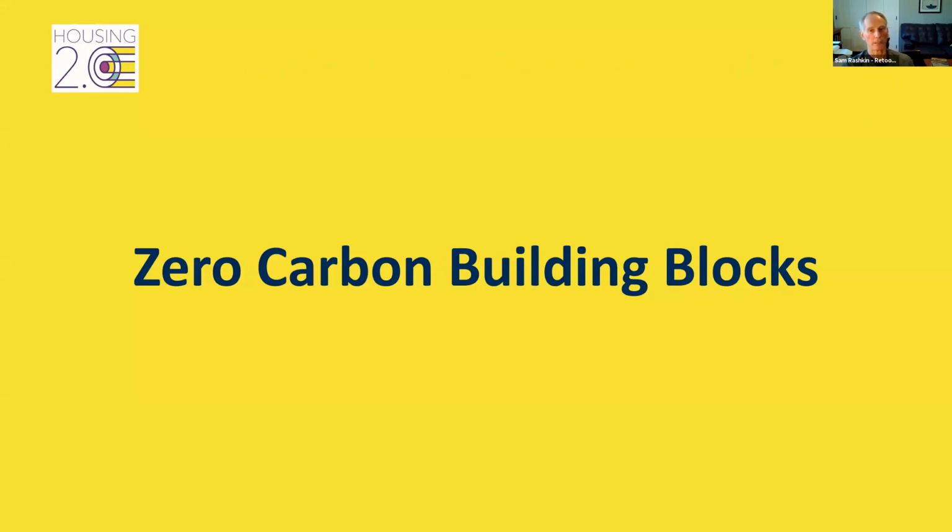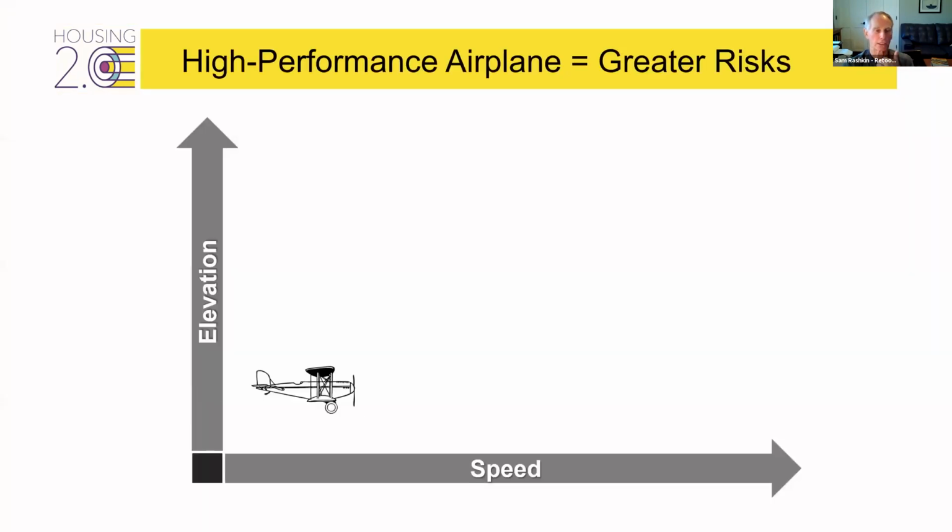Now, how can we simply be on the path to getting that, in terms of simple building blocks that are the strategic and prudent way to get there? And the way I like to go after this first is to show the relationship between greater performance and greater risk. So we can take an example, let's say the airplane industry, and the two key metrics, speed on the horizontal axis, elevation on the vertical axis.